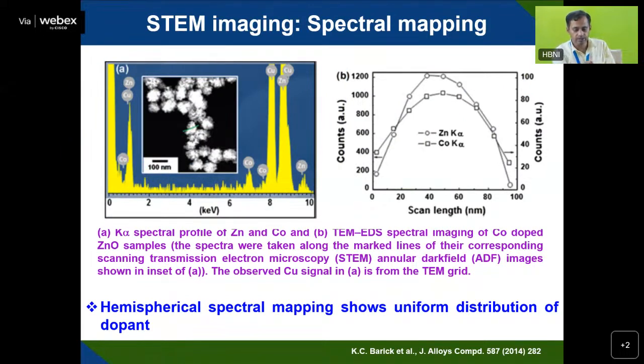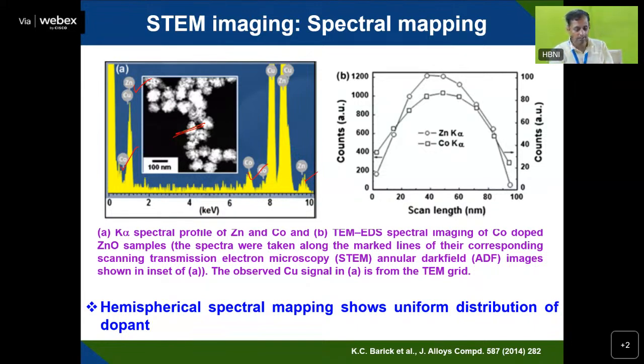You can see this is a STEM mapping. After the STEM image, I scanned across this particle, and you can see along this line how the cobalt and zinc are distributed, it's a cobalt-doped zinc oxide sample. You can see the presence of cobalt and zinc in this spectral analysis.